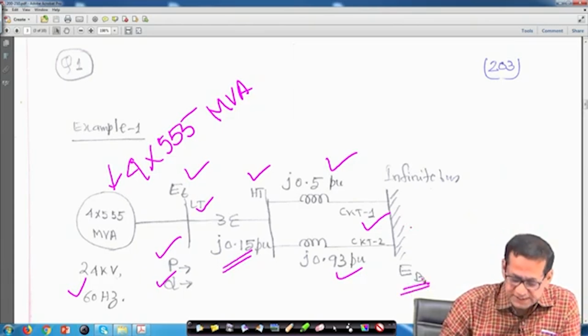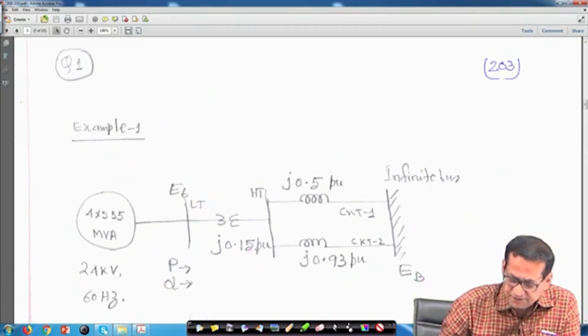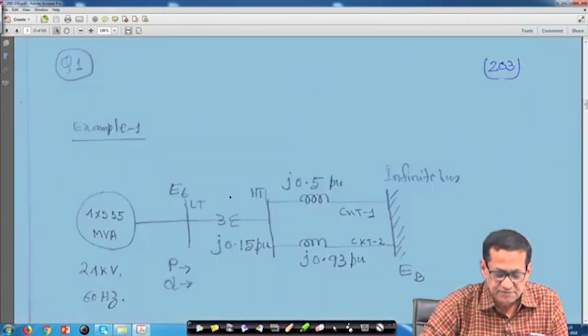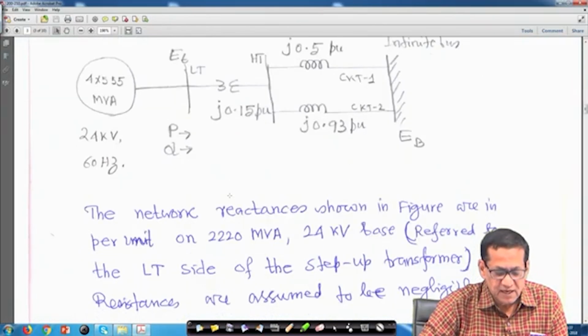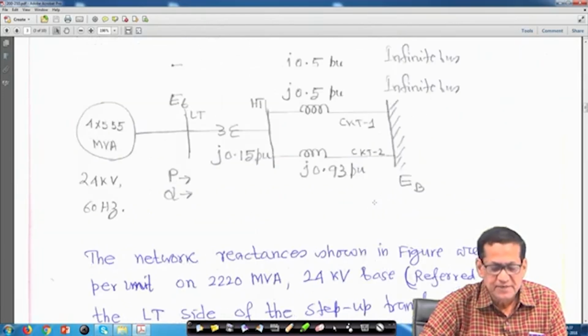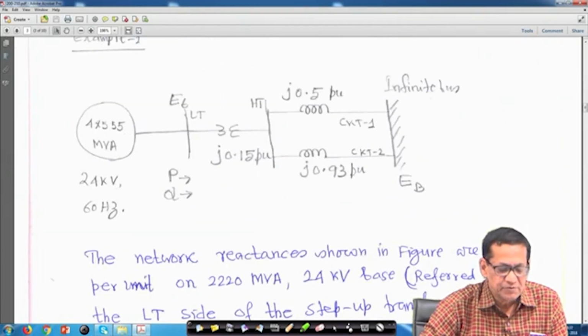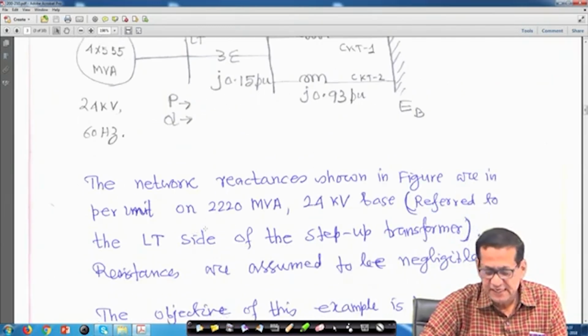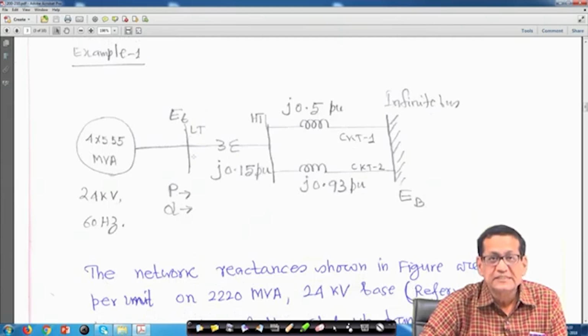So now the problem is given like this. The network reactances shown in the figure are in per unit on a 2220 MVA, 24 kV base, because 555 into 4 is 2220 MVA, referred to the LT side of the step up transformer, the low tension side.